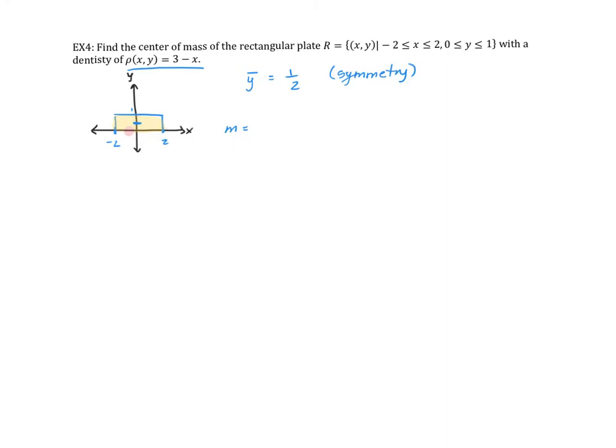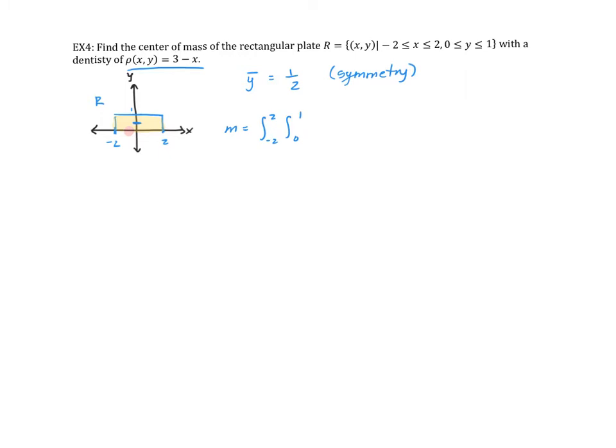It's going to be a double integral. Since my region is rectangular, that means that my x and my y values are constant, and notice that they're given to me already, so I don't have to figure those out. So I'll put my x values on the outside and my y values on the inside.